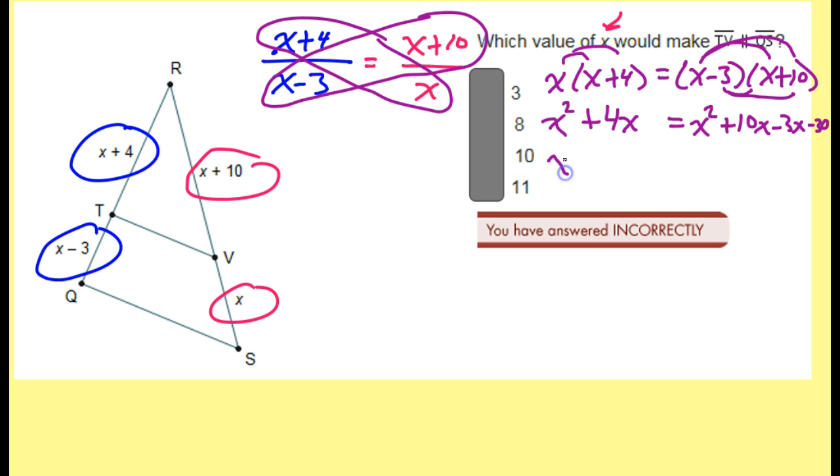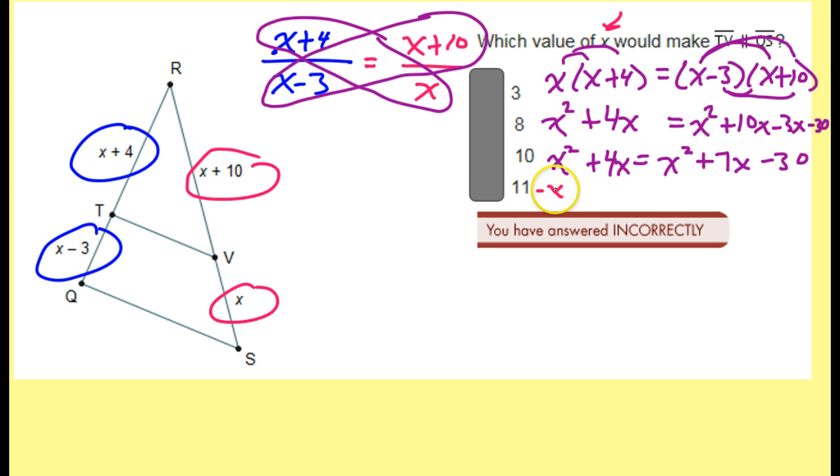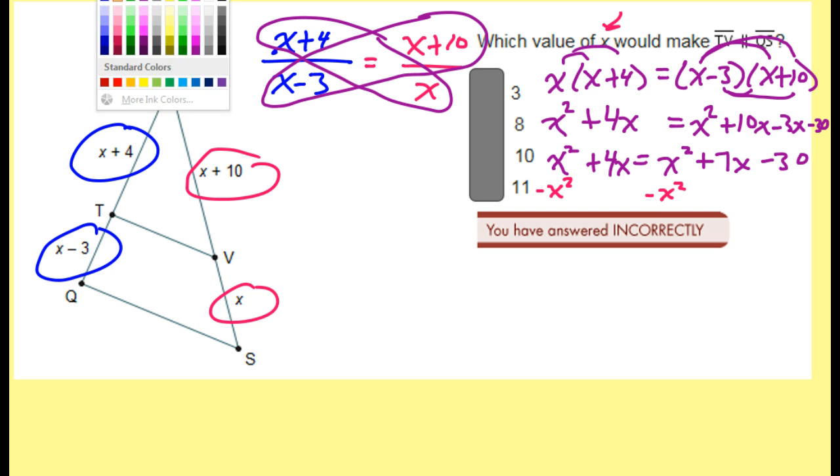Now I'm going to combine my like terms. On the right hand side, I've got x squared, 10x minus 3x is 7x, and then there's my minus 30. I want to get this stuff all together on one side if I can. The first thing I might do is subtract x squared from both sides. But look what happens: both of these x squareds cancel each other out.